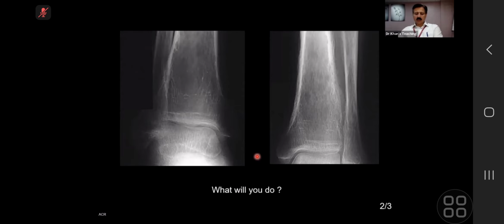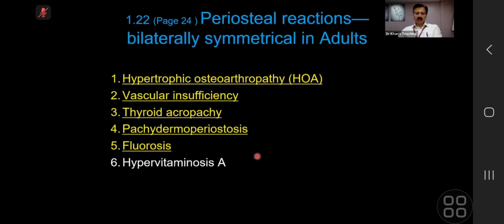Okay, the point is that your differential in periosteal reaction is HOA, and vascular insufficiency, particularly venous insufficiency, but that will be localized. Here it was bilateral symmetrical, though it can be localized on both sides also.